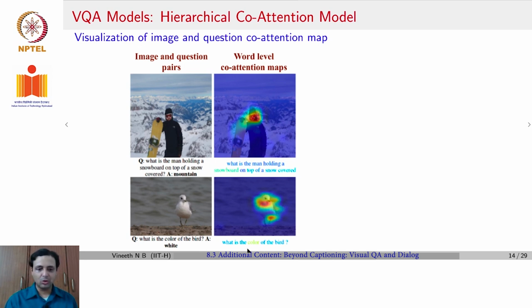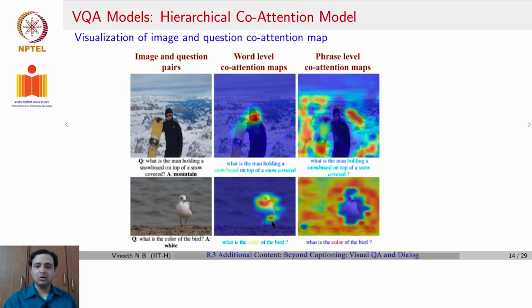And in this case, the focus is on color of bird, and the model suggests attending to the bird in the image. For phrase level co-attention, in this case, the focus is on holding snowboard on top of snow covered, and the focus in the image, red being high and blue being low, similar to heat maps that we saw with explanation methods.